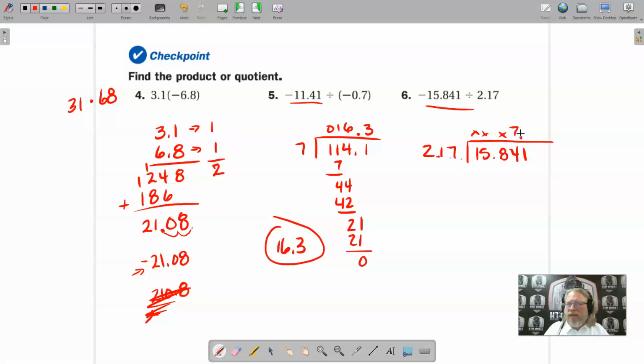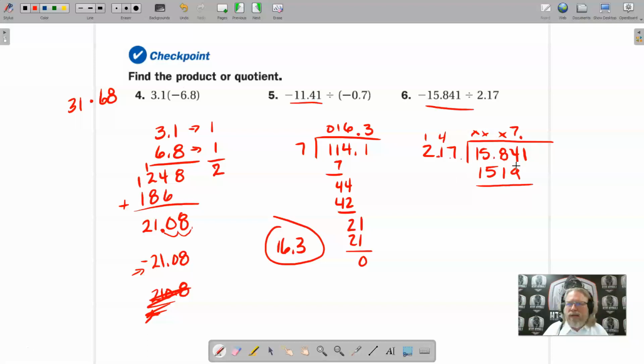Let's try 7, just to give it a try. 7 times 7 is 49. Carry the 4. 7 times 1 is 7, plus 4 is 11. Carry the 1. 7 times 2 is 14, plus 1, 15. And great. This value, 1519, is less than the 1584.